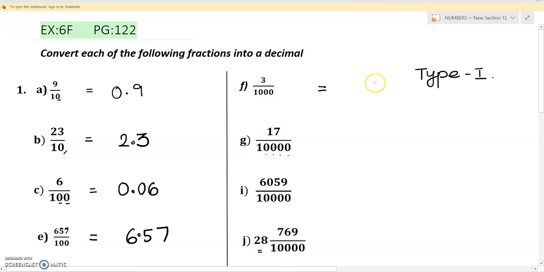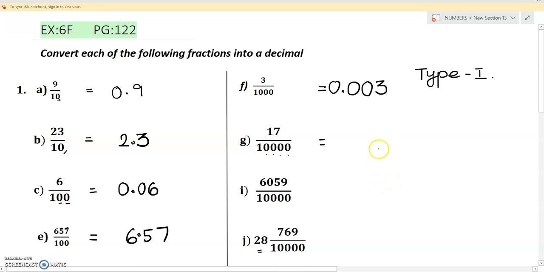And the next fraction is 3 by 1000. So write the numerator. And in the denominator we have 3 zeros. We have only 1 digit in the numerator. For the remaining 2 digits, we are going to add 2 zeros and place a dot. It is 0.003. And the next fraction is 17 by 10,000.